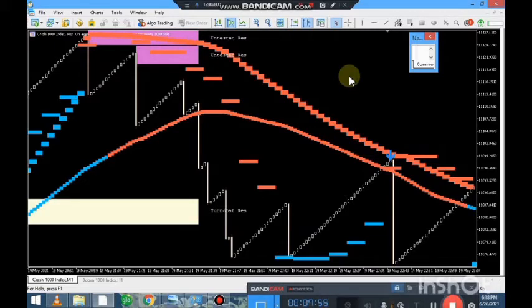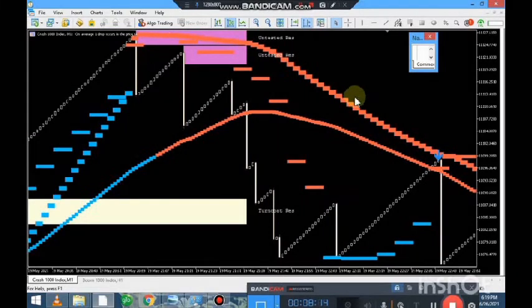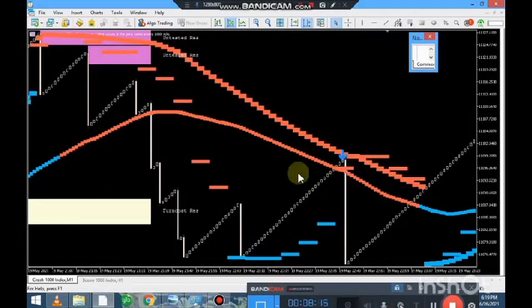Maybe for instance the trader wants to take a sell or take a buy. So don't forget I'm making use of Crash 1000 as an example here. So let's assume the trader wants to buy, does not want to sell. So it helps you to understand what the trend is trying to tell you or what condition you have on the chart.